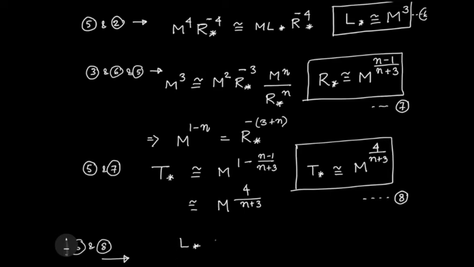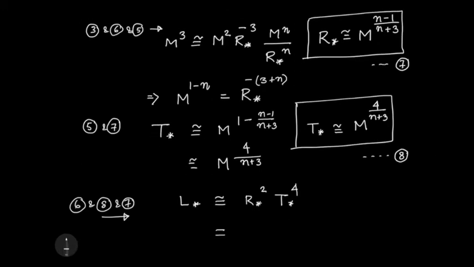So I start with what I know about the relation of L and T, which is L is 4 pi R square sigma T to the 4. I'm not writing all the constants, so R star square times T star to the power 4. Now I can write R star square as M to the power n minus 1 by n plus 3, to the power 2, and I still have T star to the power 4.